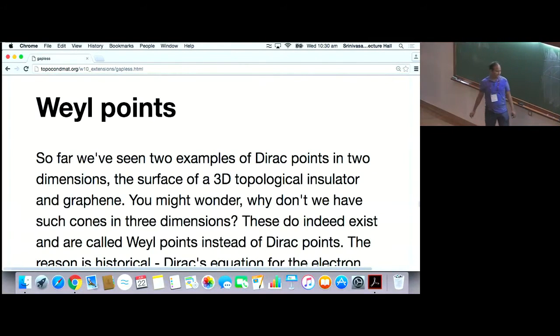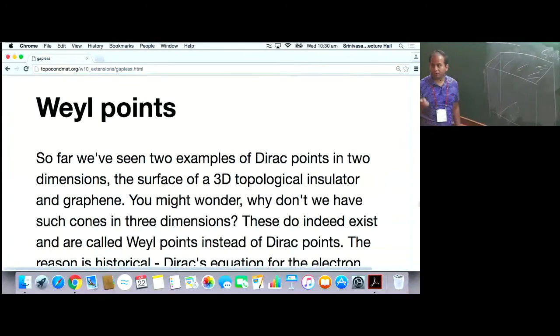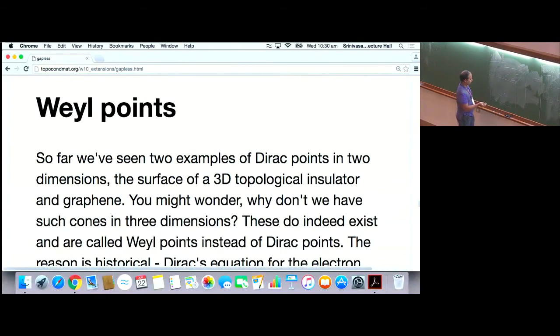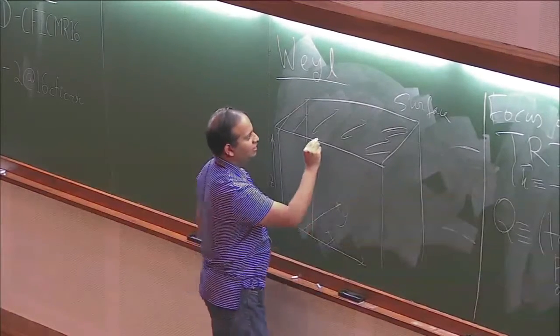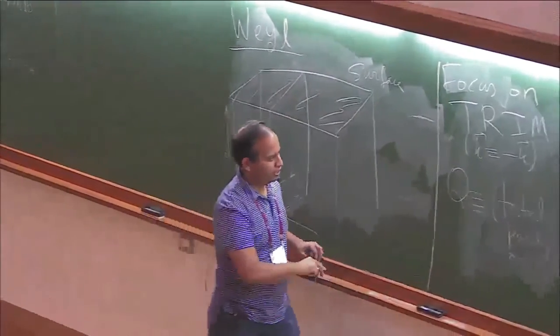X and Y have translational invariance, so kx and ky are good quantum numbers. Next, I'll fix one of the k's and look at the Hamiltonian. Let me draw it here.